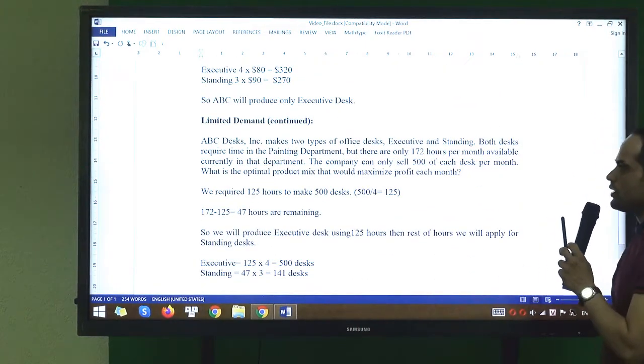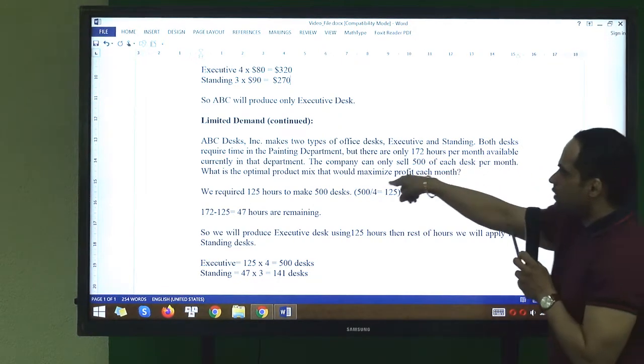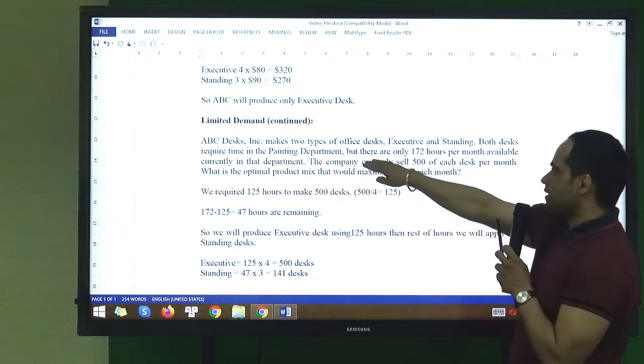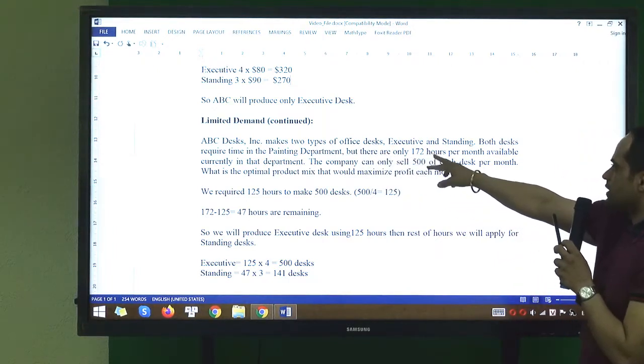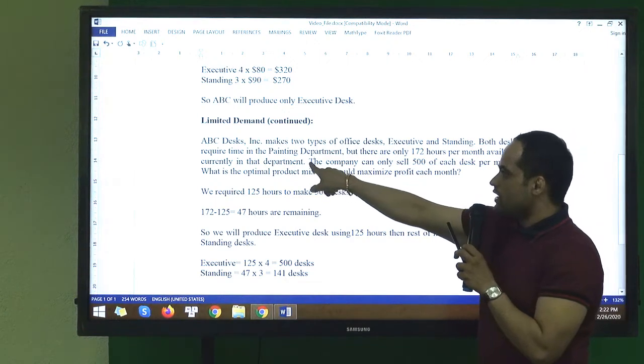So we look at this one. It says that ABC company makes again two types of product, executive and standing. Both require time, and 172 hours per month are available, like in the previous one. Now here is additional information.